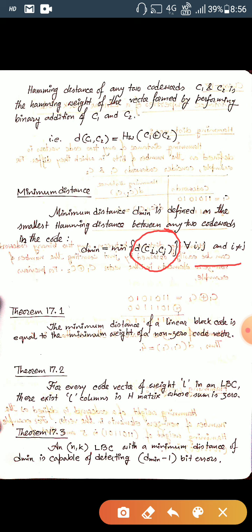Any value can be chosen for i and j. That means for 3 bits, the total number of code words will be 8.